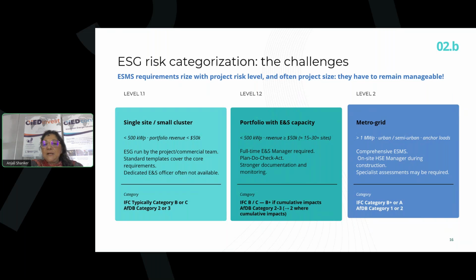And when we have a larger number of sites, 15 to 30 sites perhaps. So in this case, a full-time ESG manager would be required and is affordable.